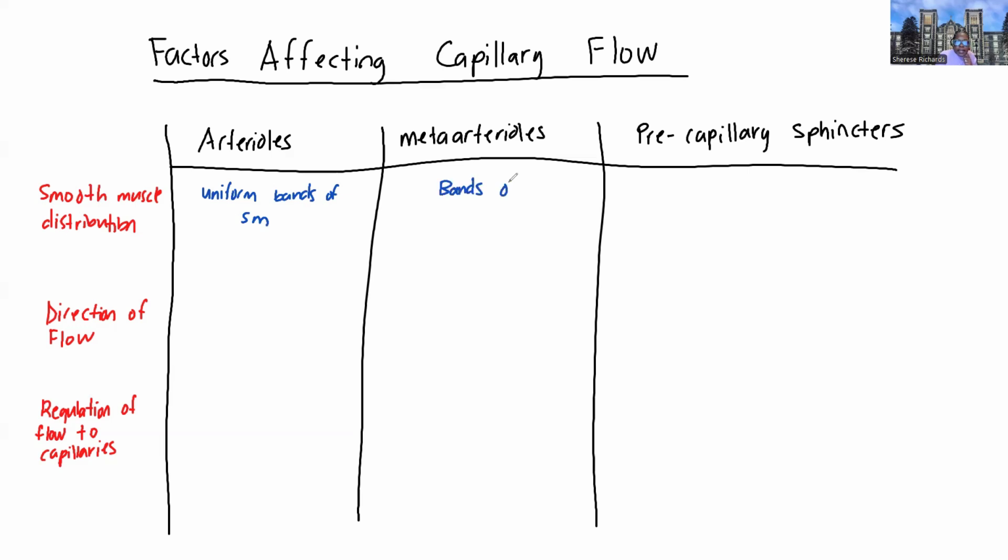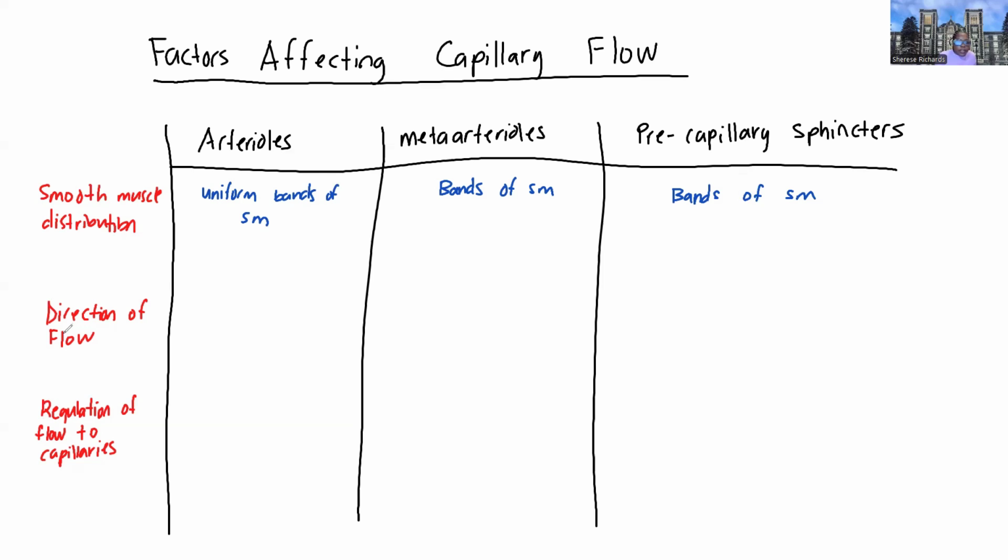So simply bands of smooth muscle. And then same thing with precapillary sphincters. These are also bands that are interrupted, distributed, and not uniform, right? But they're all in different strategic locations. They're more kind of global within the arteriole, and then strips or bands within the other two structures.